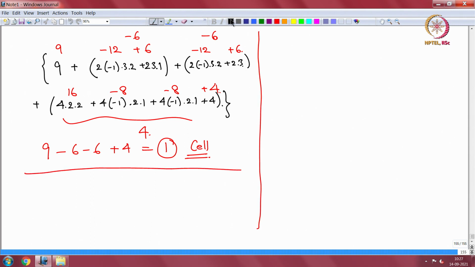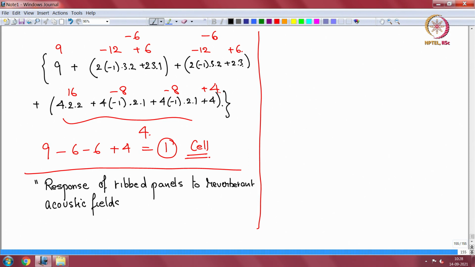The next topic I would like to start is this paper, the title: Response of Ribbed Panels to Reverberant Acoustic Fields by G. Maidanik.